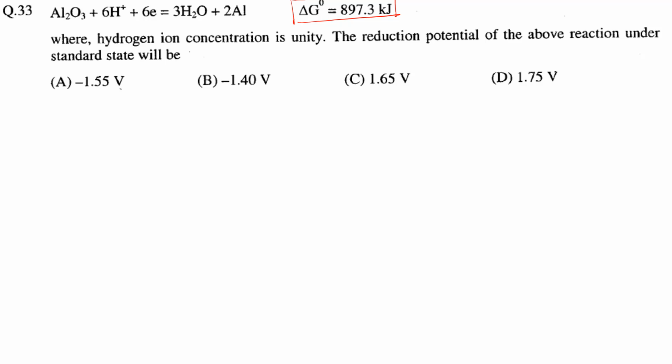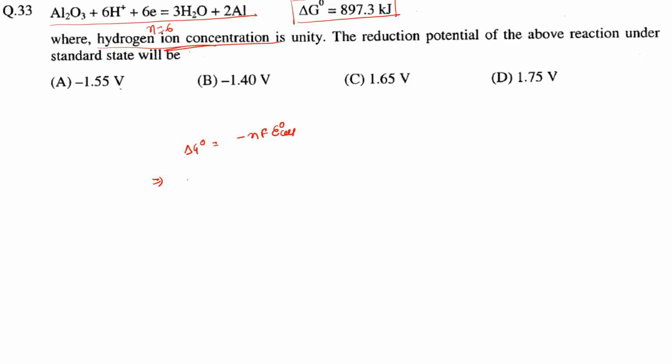Okay. Now this is the equation, right? So how many electrons are involved? So n is equal to 6. Okay, and the hydrogen ion concentration is unity. So what will be the reduction potential under standard state? Since delta G naught is given, we will use this equation, delta G naught equals minus nF into E naught cell, right?